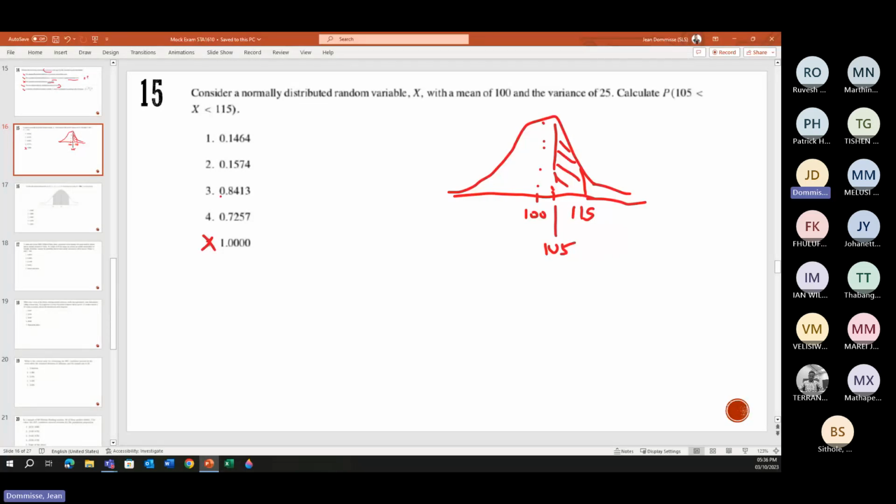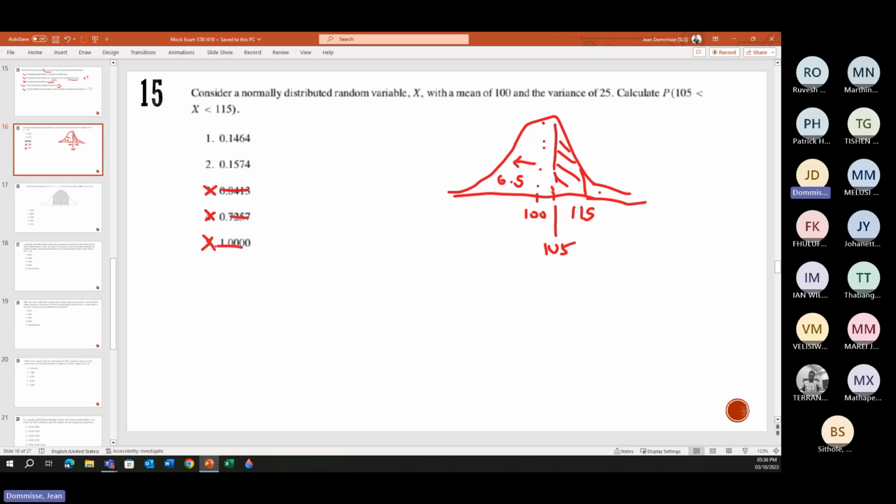The probability cannot be bigger than 0.5, because in this area I'm already sitting with 0.5, so there's still going to be another area added. I'm only looking at that piece for my probability. So it can't be bigger than 0.5.